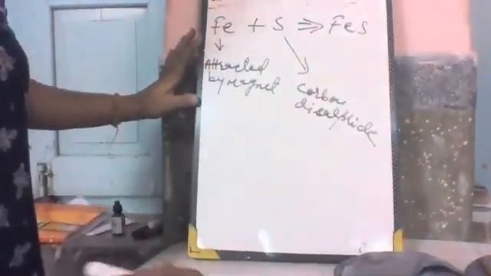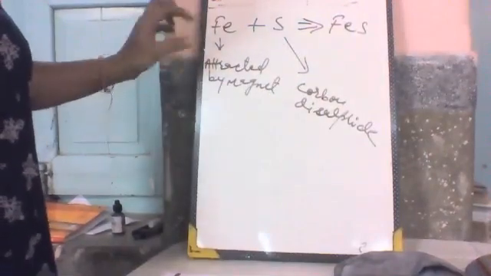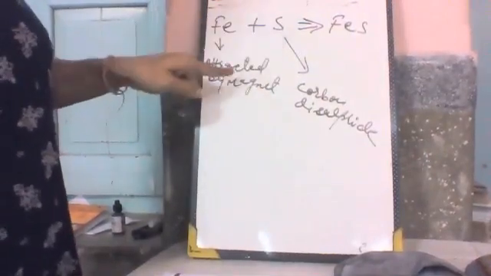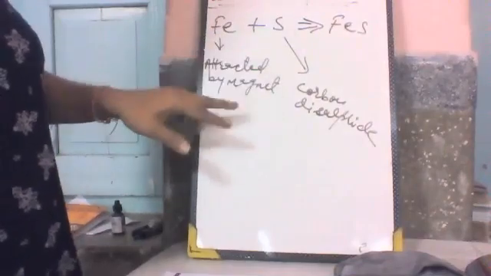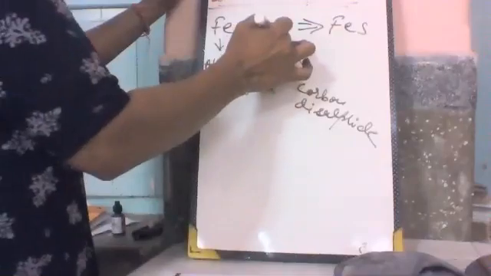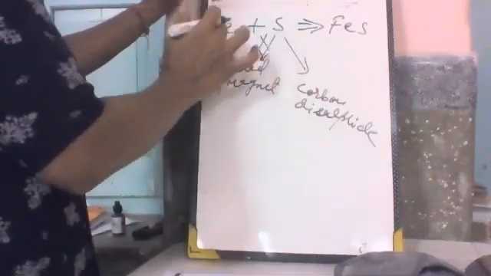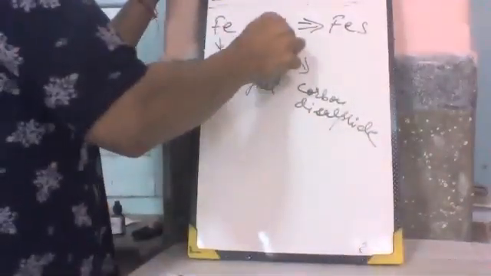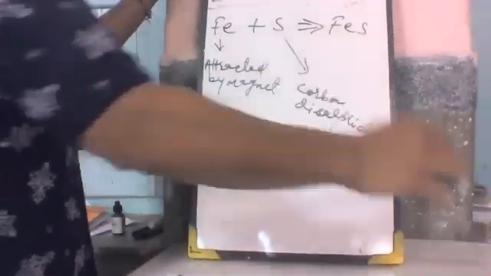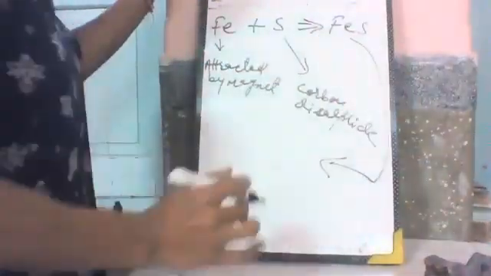So these are the characteristics of a particular element. Sulfur is not attracted by the magnet, and iron is not dissolved in carbon disulfide, but the property of FeS is now changed.